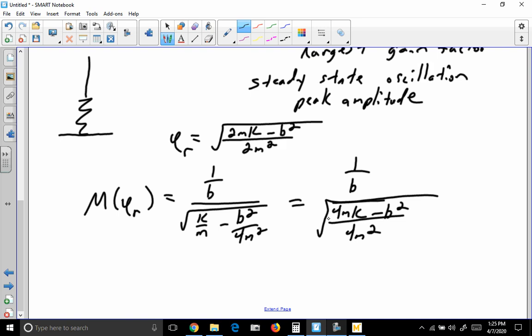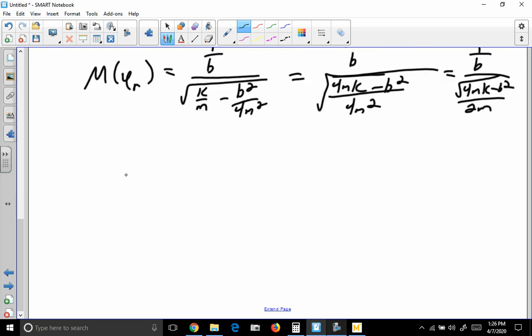Of course, if we have a fraction under the square root, we could take the square root of that denominator as well. So I guess that would be 1 over b over the square root of 4mk minus b squared, where the square root of the denominator would be 2m. Instead of dividing by the radical, we can multiply by the reciprocal.